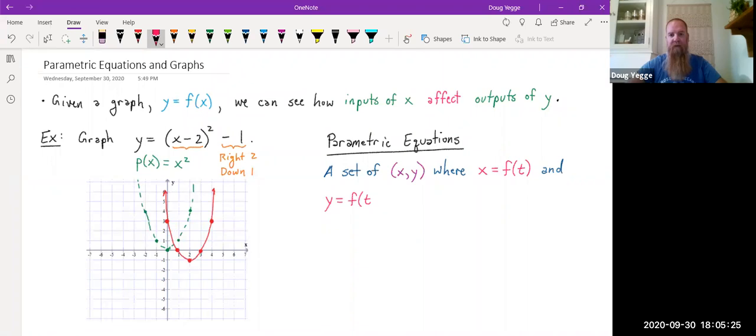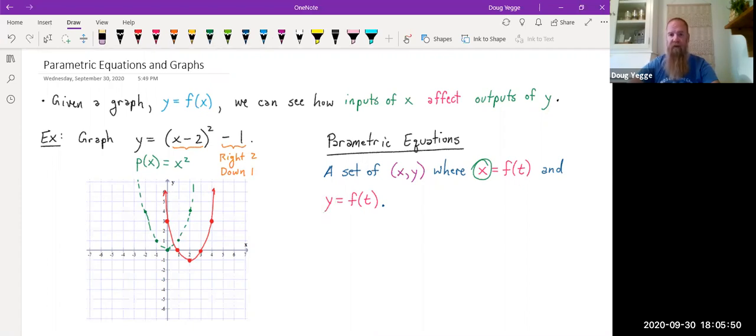So instead of looking at a graph, namely y equals f of x, we're now going to be able to plug in t values to this function to find out the corresponding x's. And then we could plug in t's to this function to find the corresponding y. Now we're not saying that t is always time. Sometimes the t in trigonometry could be an angle.